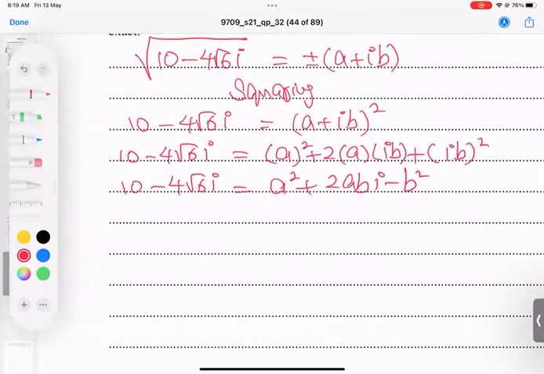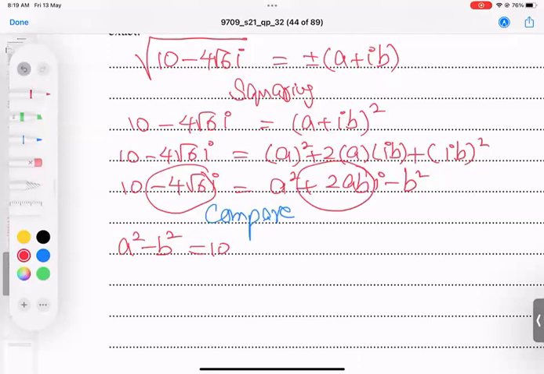Okay, so I think the idea is very clear. Now you can compare both sides. How to compare? The real part is 10 because no iota is involved here, and a square minus b square is the real part, so I can put them equal to each other. Now the iota part is this and the iota part is this, so these two circled values, put them equal to each other.